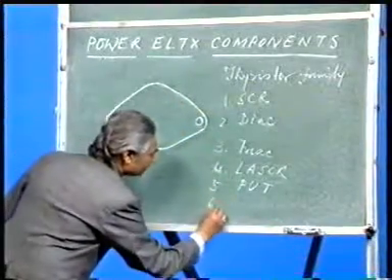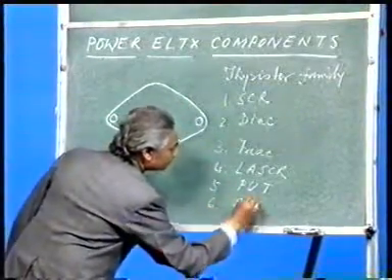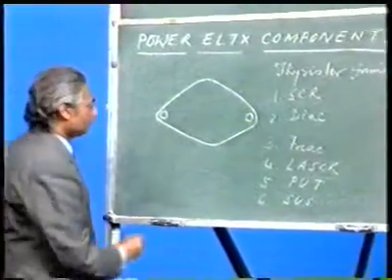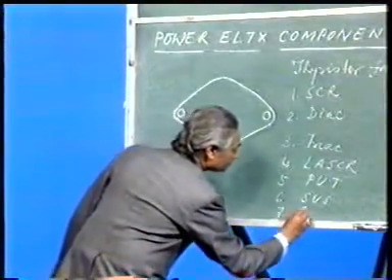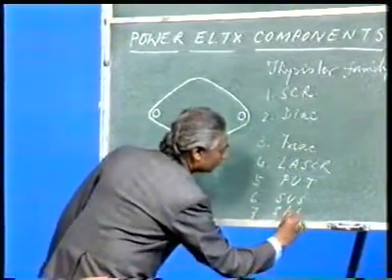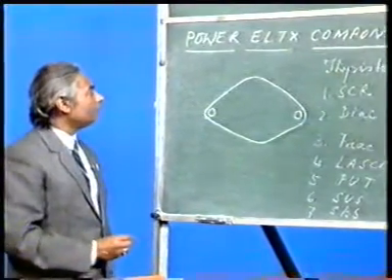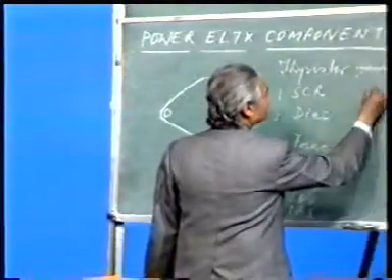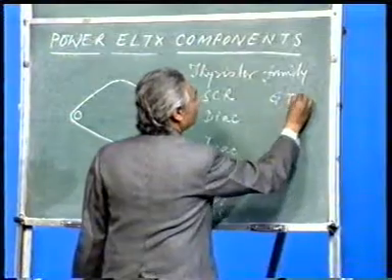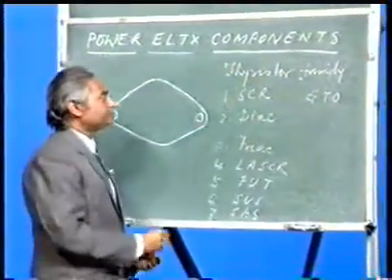You can have the silicon unilateral switch, the silicon bilateral switch, and the latest one is of course known as the GTO, gate turn off thyristor.